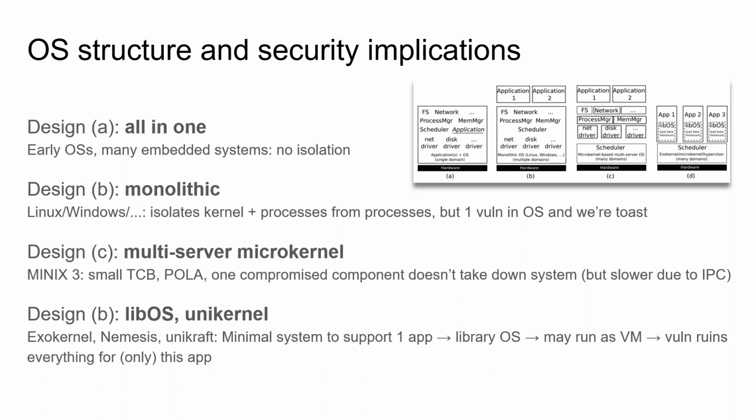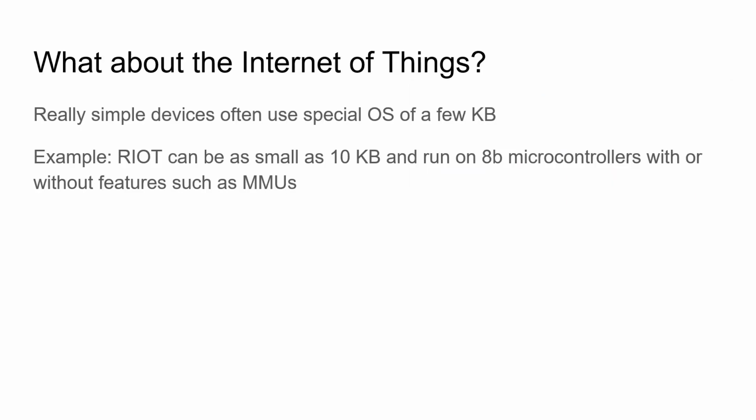It means that if there's one bug, one vulnerability in the application or the library operating system that is linked to that application, that application is toast, right? There's nothing you can do about that, but it will not necessarily affect the other applications that run on the system.